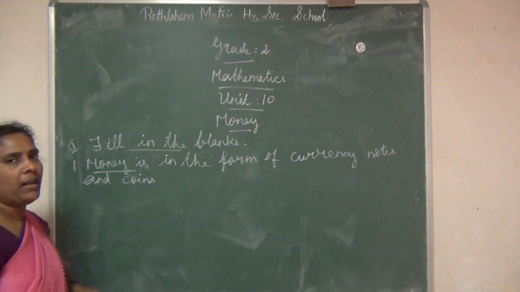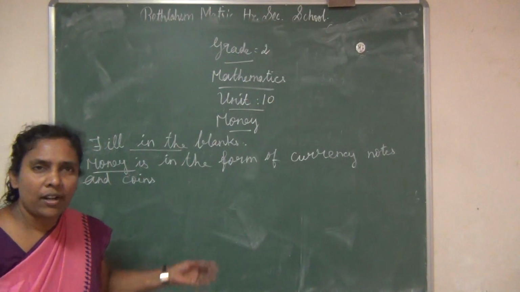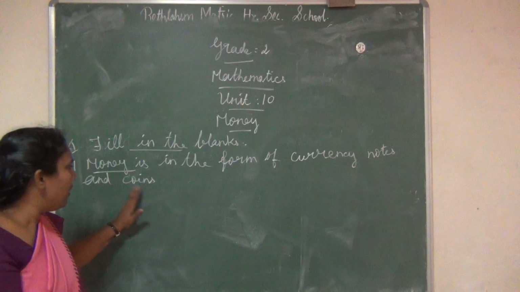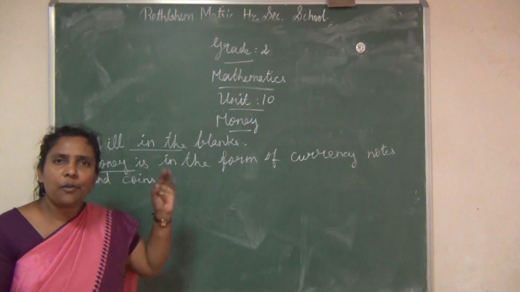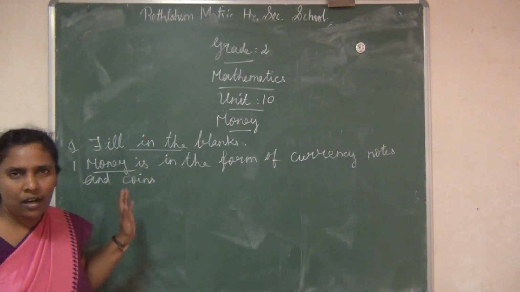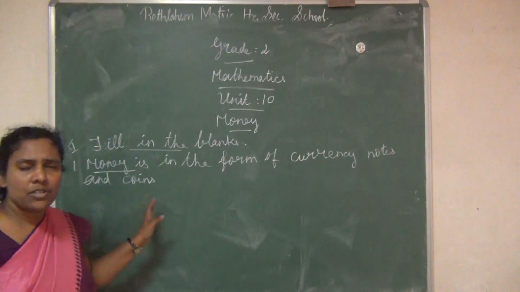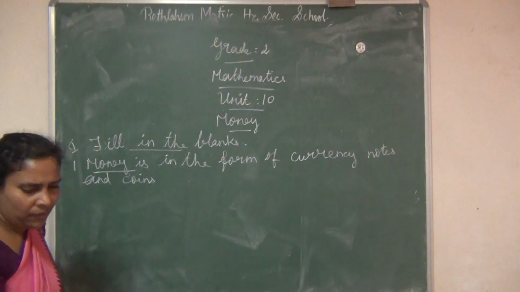Listen, money is in the form of currency notes and coins. We just saw this, because currency notes and coins belong to money. Have you seen the rupee notes and coins? We all saw, that they are all called money. So money is in the form of currency notes and coins. Do you understand?